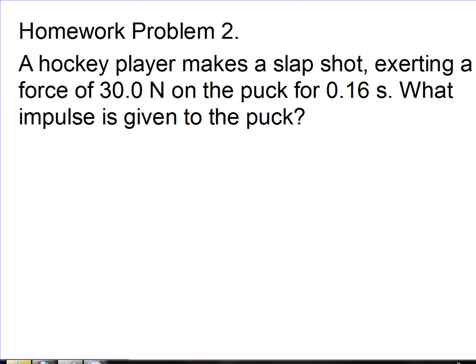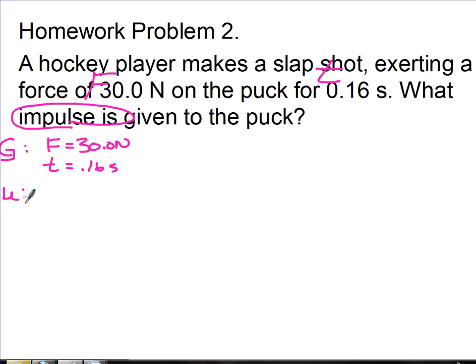Now, suppose I have a hockey player who's making a slap shot. He's exerting a force, F, of 30 newtons on a puck for a time, T, of 0.16 seconds. What's the impulse? Well, let's see. Givens, I have a force of 30 newtons and a time of 0.16 seconds. What am I looking for?